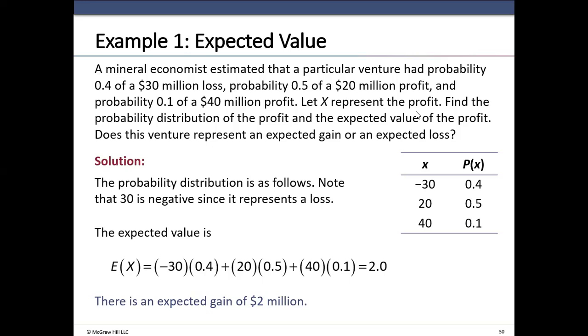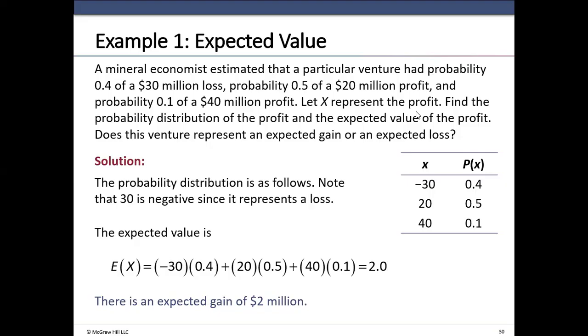Press that and then 30, then 20, and then 40. These are the values in L1. Go to the top line in L2 by pressing the right cursor key, then 0.4, 0.5, and 0.1. These are the corresponding probabilities.